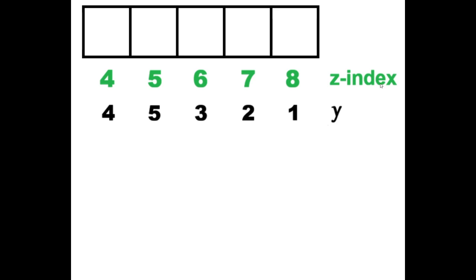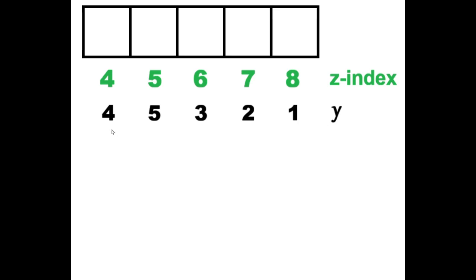The other set of numbers that we have here is for the y-axis. Right now, the y value for the lowest z-index 4 is also 4, which is wrong. It should have the lowest y value, which is 1.